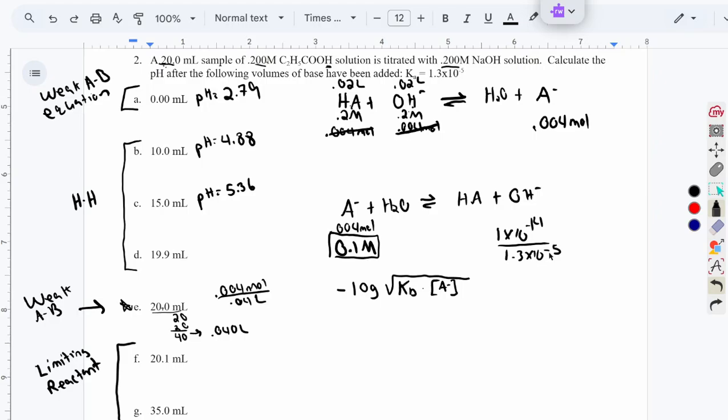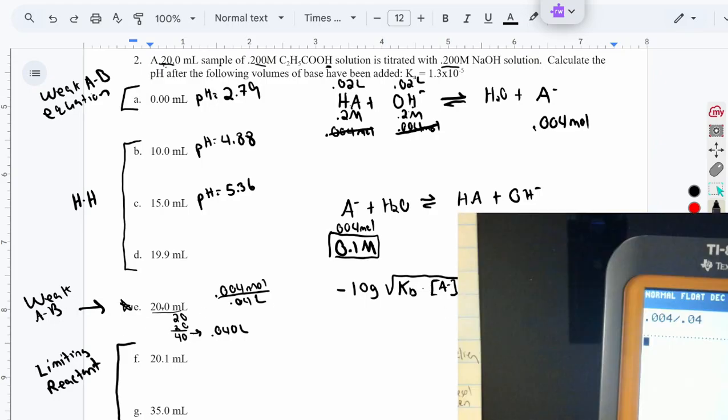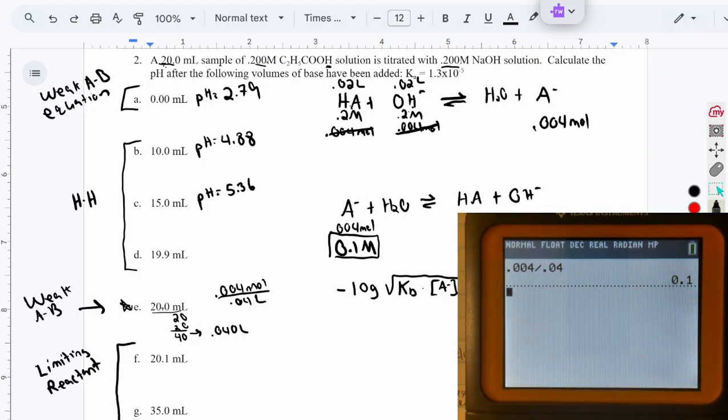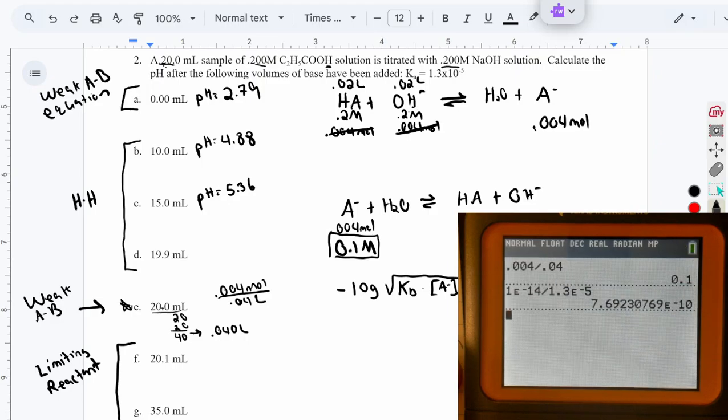And I think it was some spicy number that we got. What was it? So 1 times 10 to the negative 14th divided by 1.3 times 10 to the negative 5th.